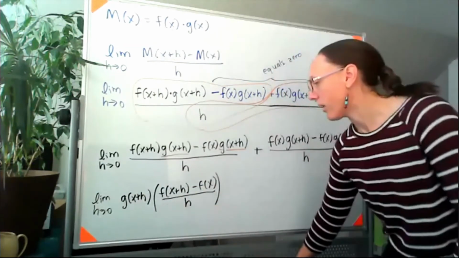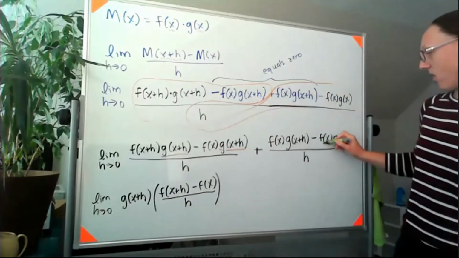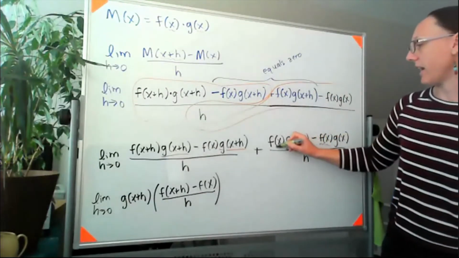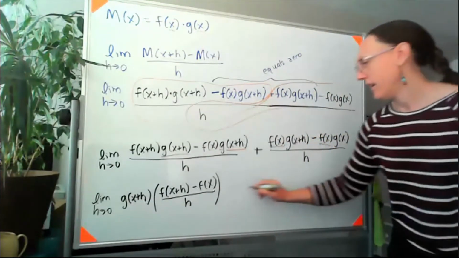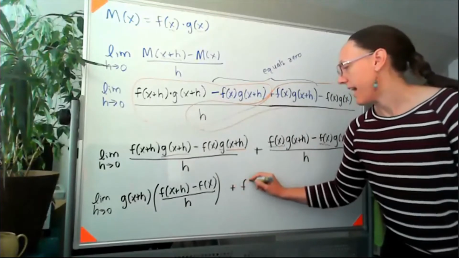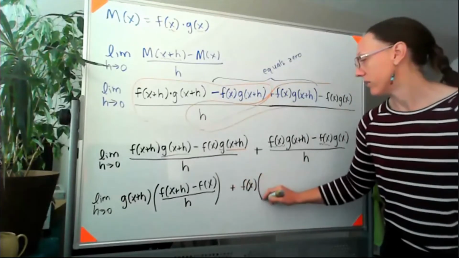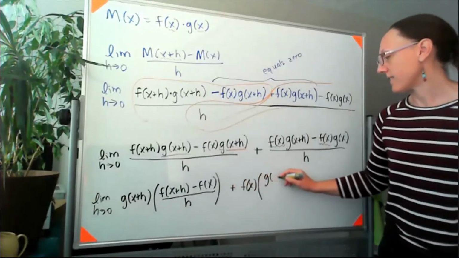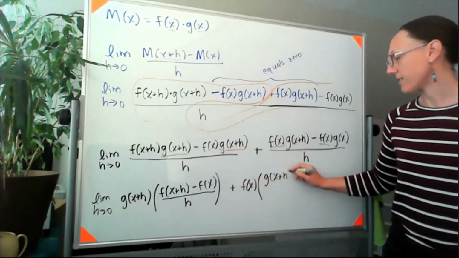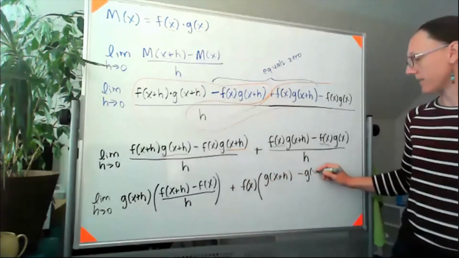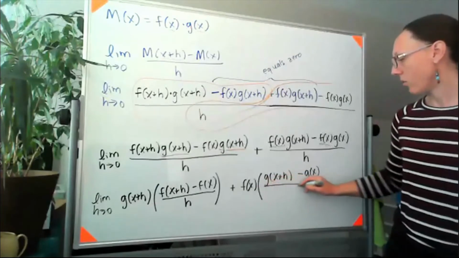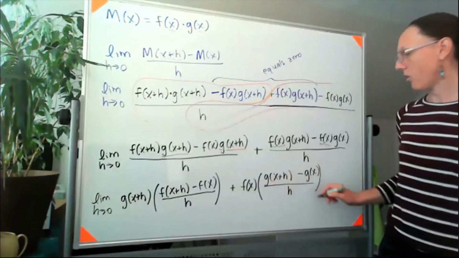And in the second part, the thing they have in common is that they both have an f of x. And if I pull out that f of x, if I factor that out, then this would be left with g of x plus h minus g of x, whole thing, over h.